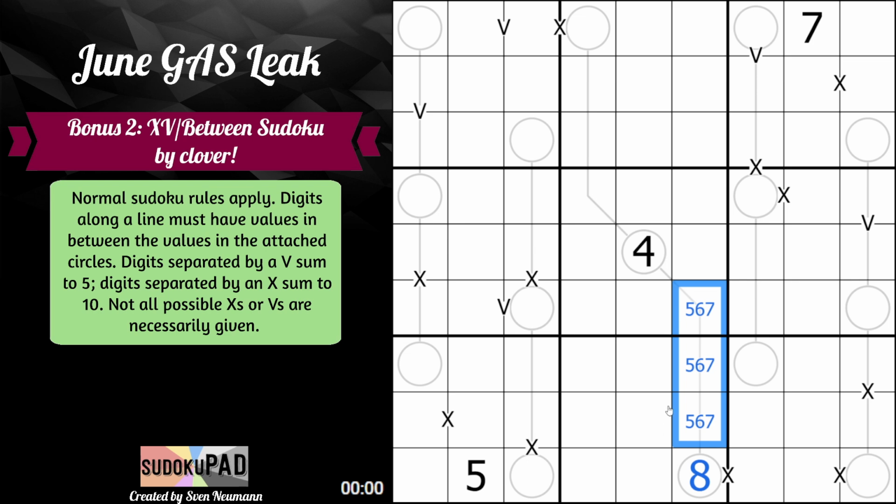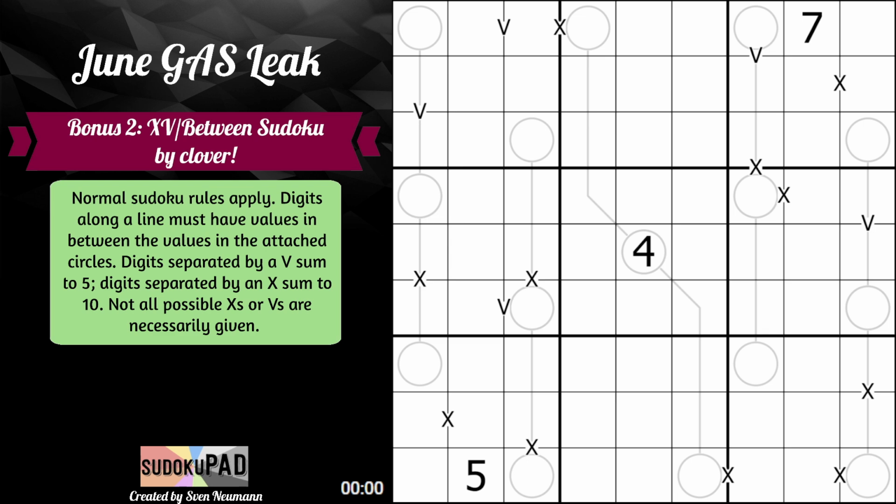So 5, 6, and 7 are all digits that are between the 4 and 8. If this was instead, let's say, 4 and 1, then the digits between 4 and 1 are 2 and 3. So I guess in this case, 1 would not work out here.